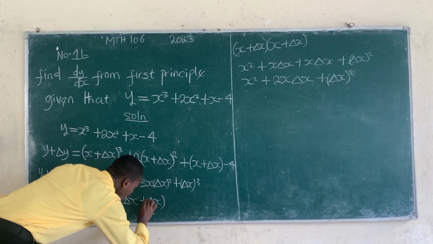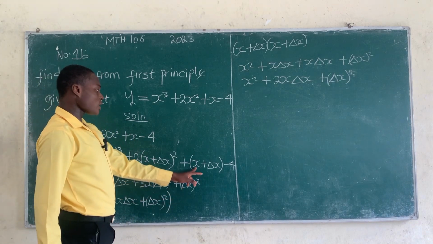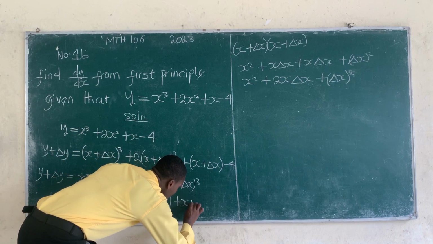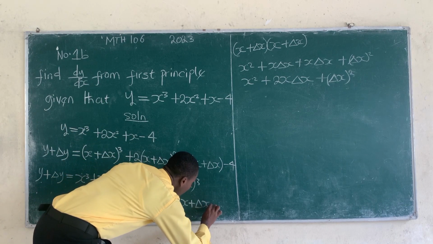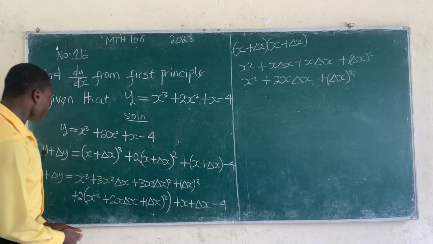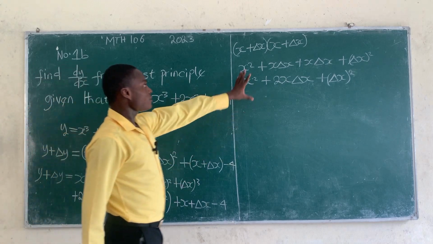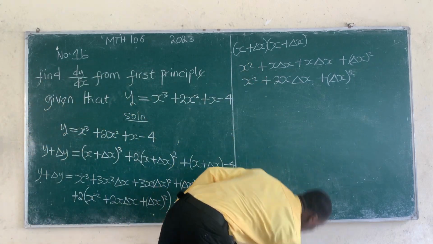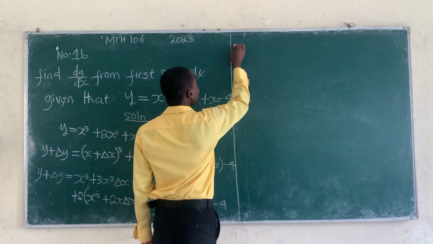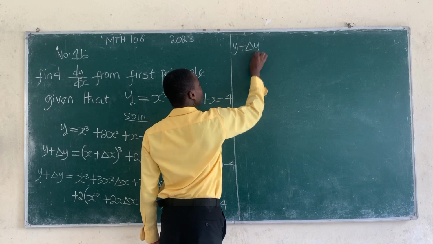Then the next one we have there is x plus increase in x minus 4. So let's open these brackets and write everything down here and see what we have. What we are going to be having is y plus increase in y.